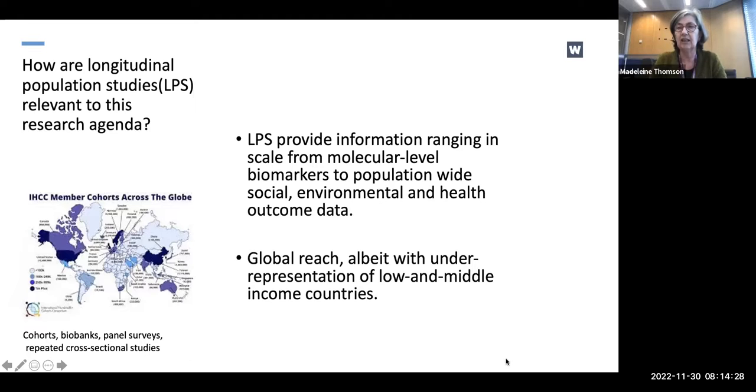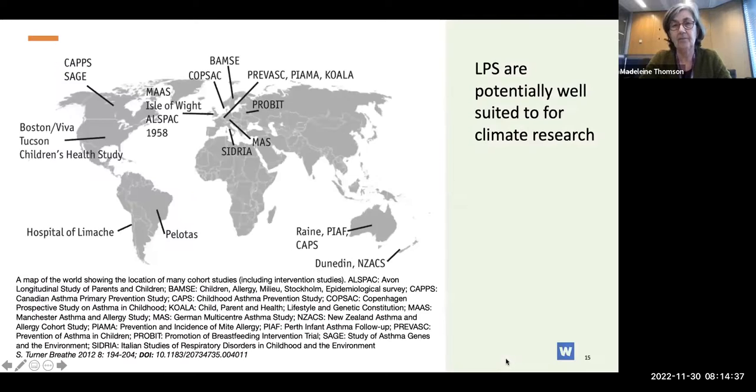So I think that's the context, if you like, of how we can see the LPSs fitting in to a broader climate and health agenda. And there's some work that's already been done that's been quite effective at integrating pollution studies, for example, from LPSs and environmental data. But I believe there's many more opportunities ahead, and we'll show how that is developing.